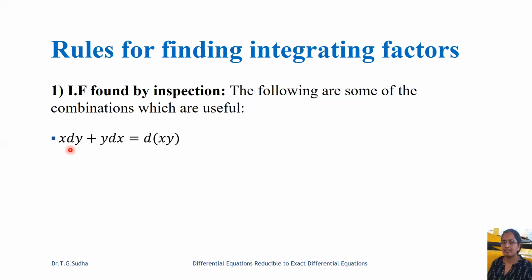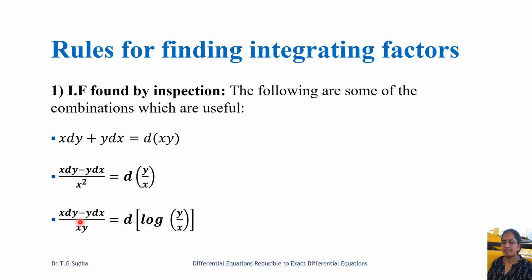Whenever we have x dy plus y dx, we can write that as derivative of x into y. x dy minus y dx divided by x square can be written as derivative of y by x. x dy minus y dx divided by xy can be written as d of log of y by x.